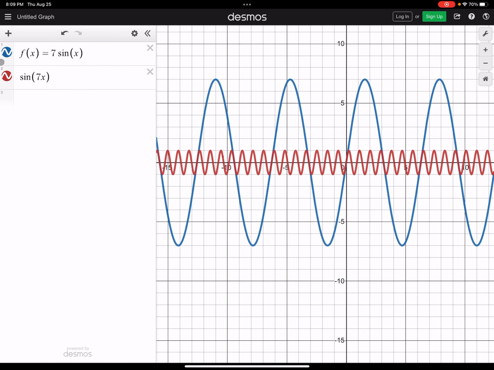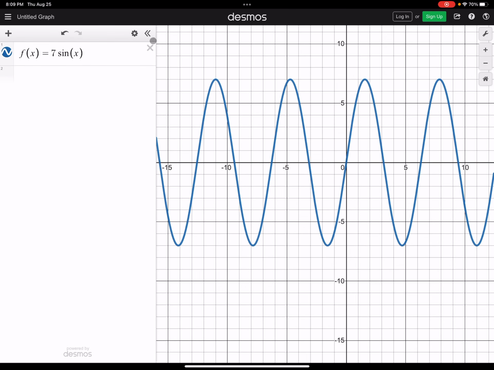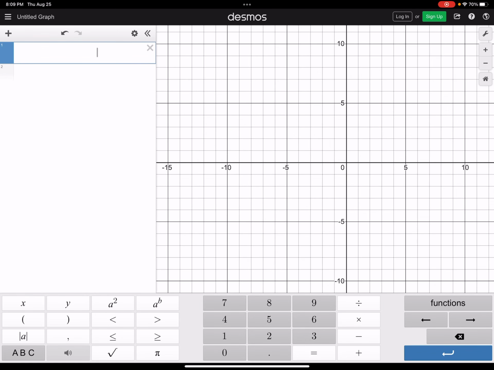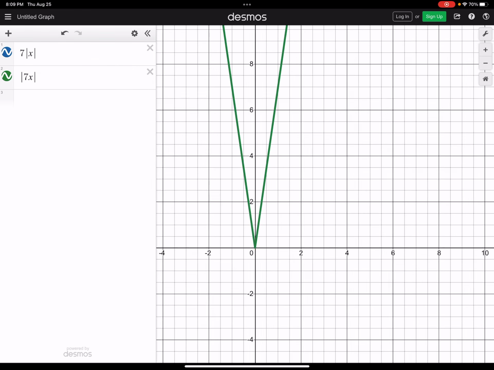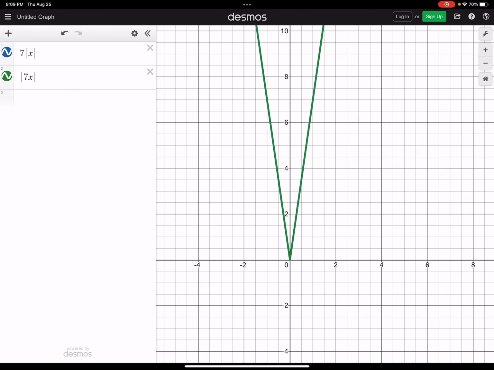This happens, okay? So it may be that 7 times absolute value of x is the same as absolute value of 7x, and it seems like the distinction between interpreting that horizontally or vertically doesn't matter. But as I just showed you with a sine graph in pre-calculus, it does matter because you can visually see the difference.